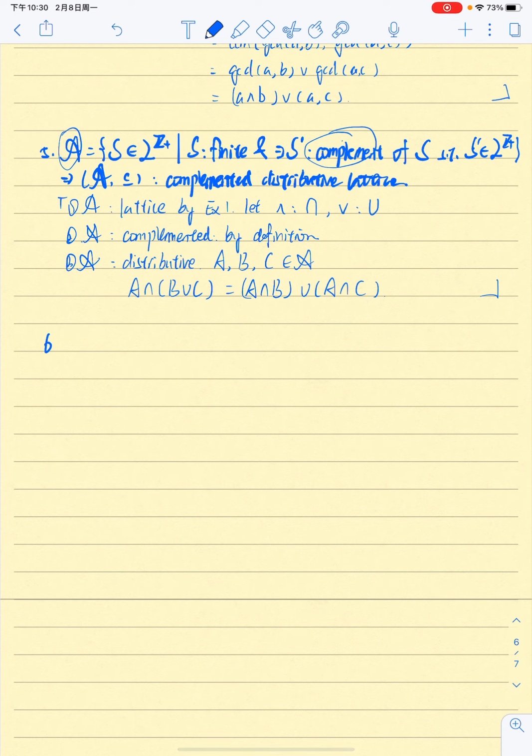And the sixth example is S. How about writing it this way? Also, this is a collection. And S is a subset of the positive integer set, and S is finite.